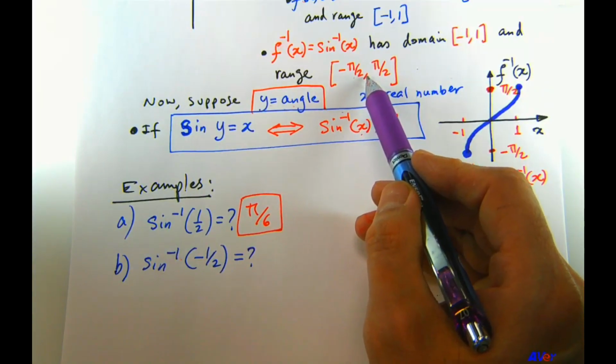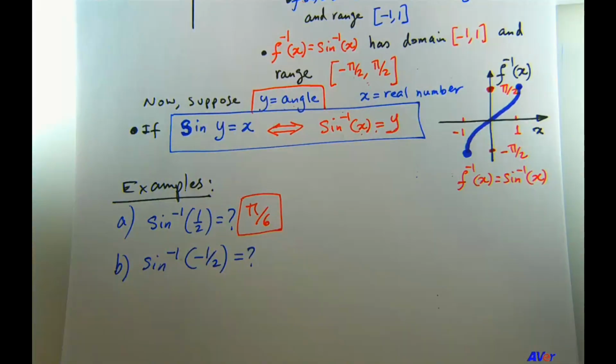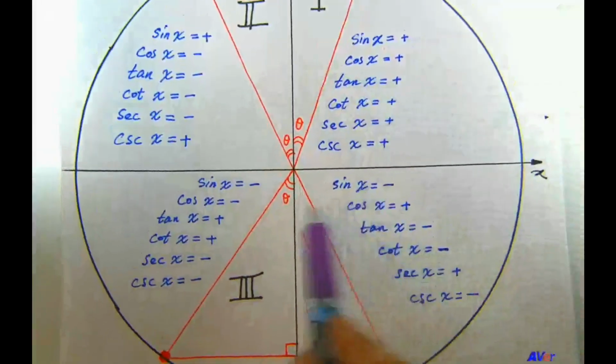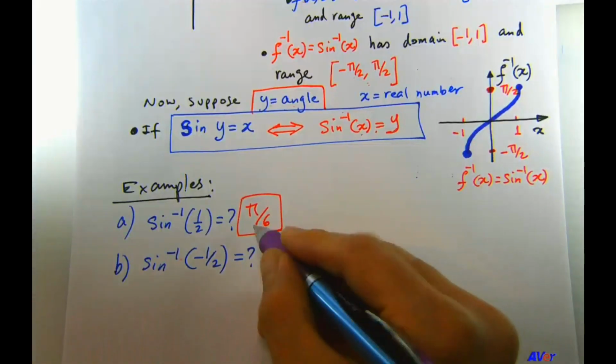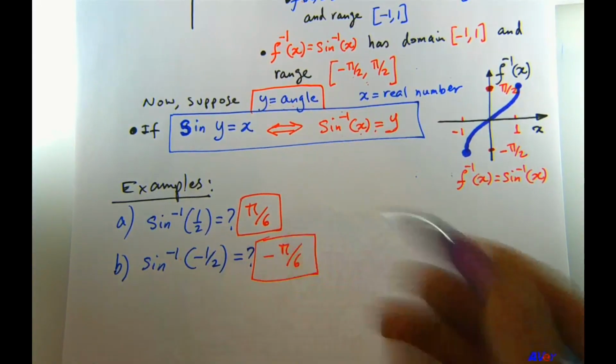Because we restricted the domain to negative pi over 2 to pi over 2, the range is restricted as well. Once you restrict the domain, you restrict the range too. So only in the fourth quadrant could we be, and the result is minus pi over 6.